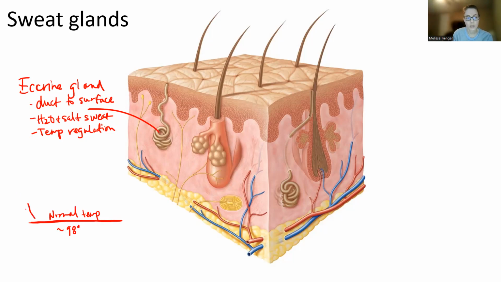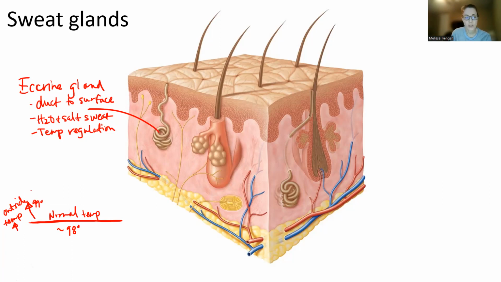If our temperature goes high because, let's say, the outside temperature increases, and our range now goes from 98 degrees to, let's say, 100 degrees, that's starting to get really hot. Technically, it shouldn't even get that high. It should be like 99 degrees. If your temperature is like 100, you're starting to get a fever. How a fever works is different. We'll talk about that when we talk about the immune system, because the homeostatic feedback loop doesn't work anymore.